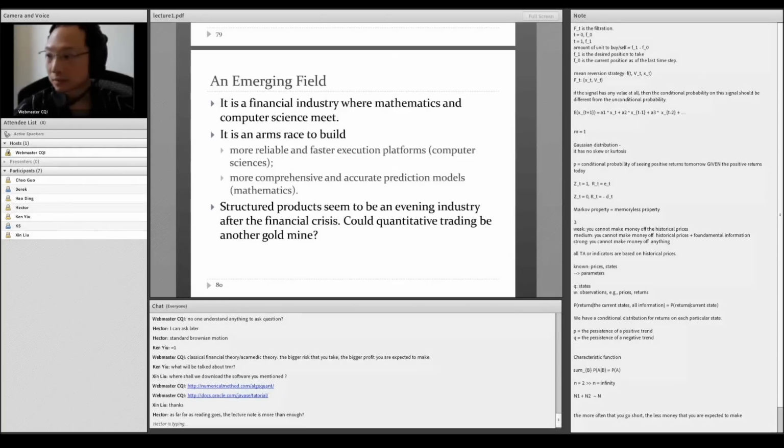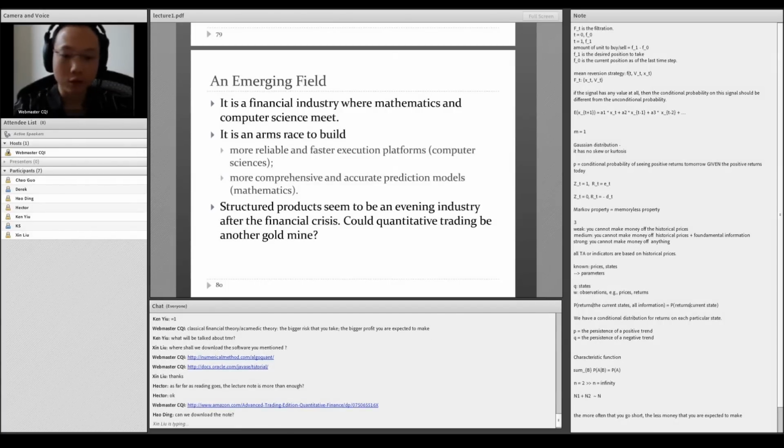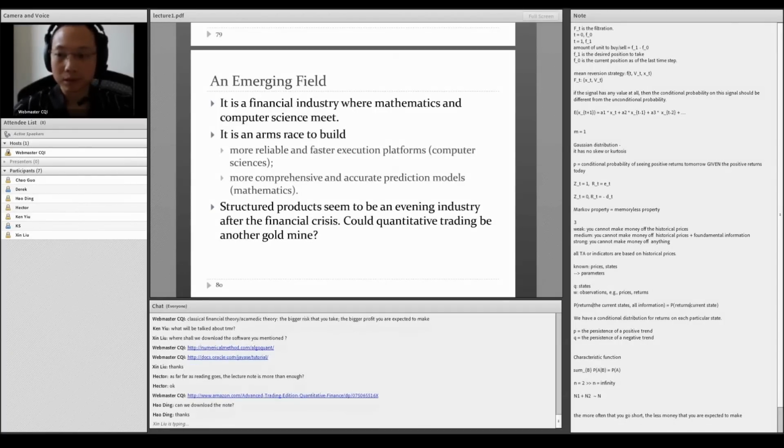Yes, I will put the notes in the system so that after you log into the system, you can download it. That's no problem. Yeah, I uploaded the notes to the system.